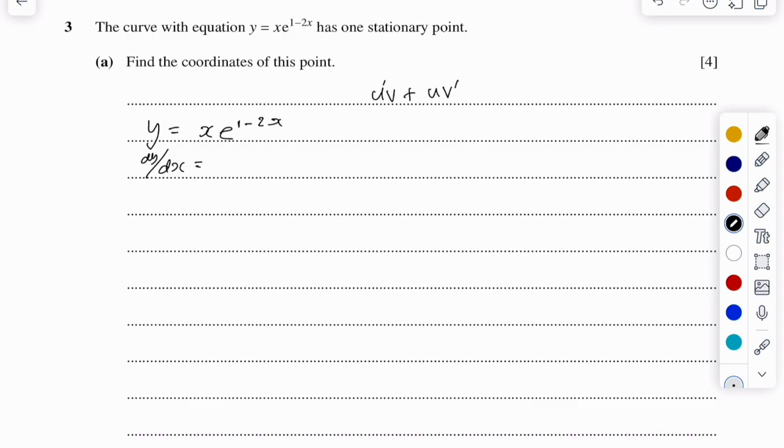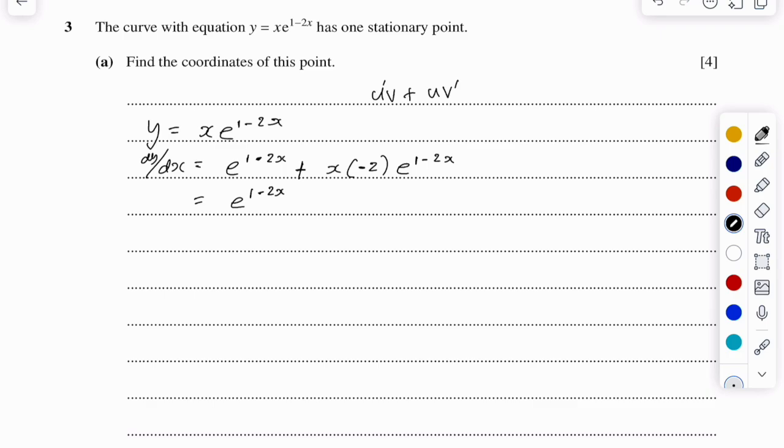So we've got 1 times e to the 1 minus 2x plus u, which is x, times v dash, which is going to give me x times minus 2 times e to the 1 minus 2x, which equals what? e to the 1 minus 2x.